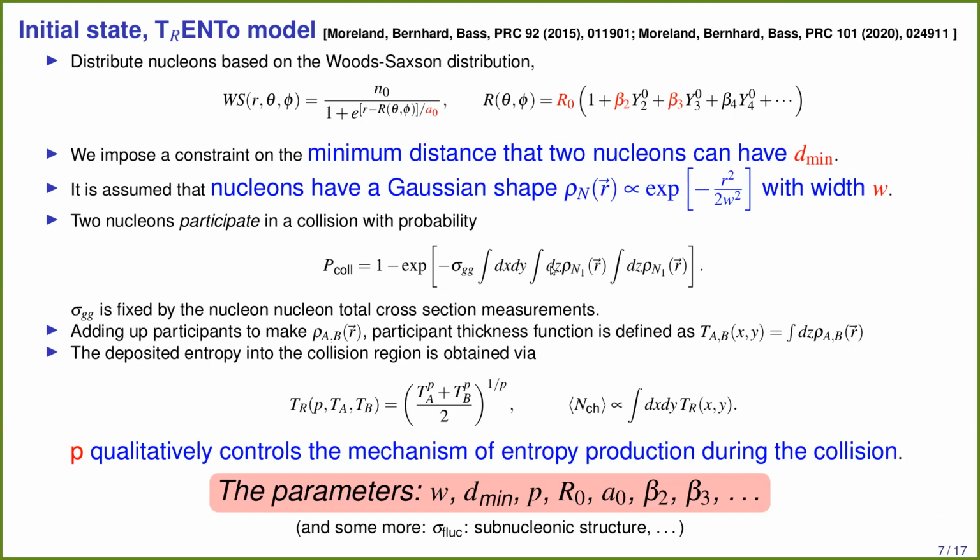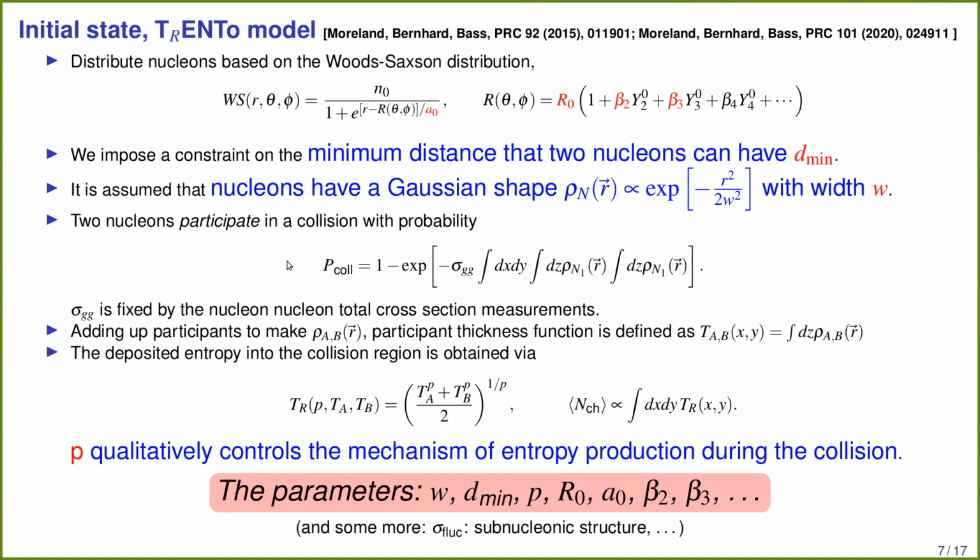Sorry, this sigma g should be fixed somehow to get the correct cross section for your nucleons at the given center of mass energy. As you see, this term is related to the tails of the distribution of the nucleons.